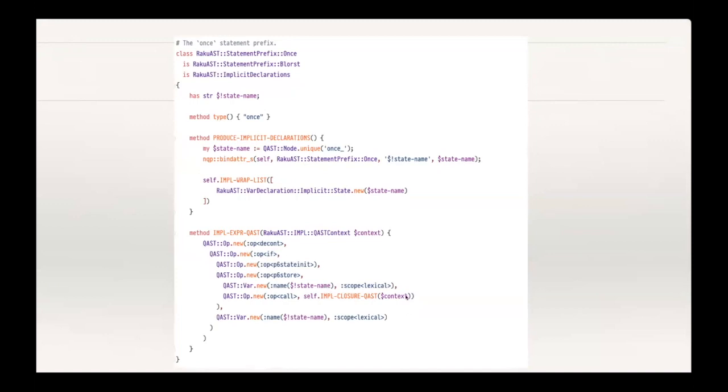So that's where the actual QAST of the block will live. So by that point, it'll be a block that'll be called, and then the results stored in state name. Okay. And if not p6 state init, then just return the variable at state name from the lexical scope. Okay. Well, it's not so bad. And indeed, it is a lot nicer, simpler than the way it looks in the base compiler.